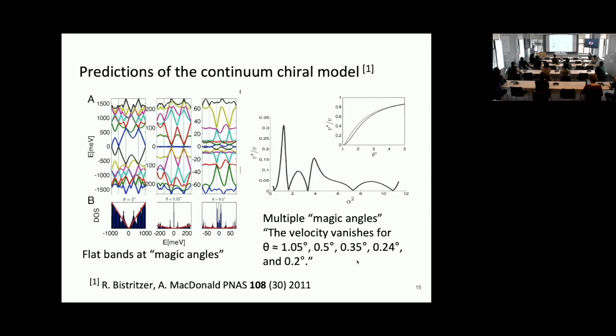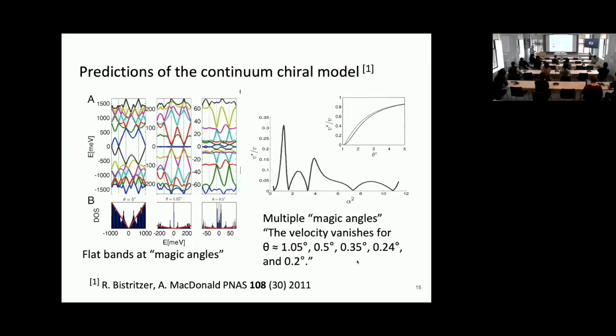So the flat bands are related to these so-called magic angles. This quantity here is the renormalized velocity, the slope of the bands at the Fermi level, as a function of this parameter alpha squared. Alpha is inversely proportional to the twist angle. So as we go along this axis to higher values, you go to smaller and smaller twist angles.